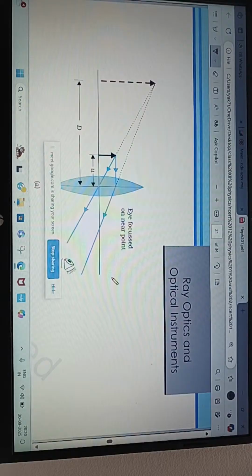I am simply asking about the ray diagram. There are 5 ray diagrams you have to remember, and their characteristics. One of the characteristics is when the object is kept between, which between is it? Sir, when it's kept at the near point, you can read it only when it's kept near the near point.